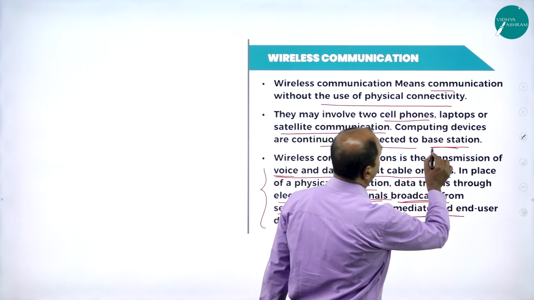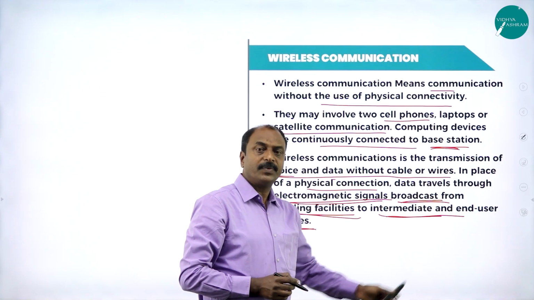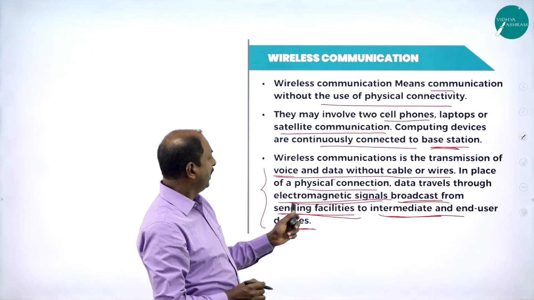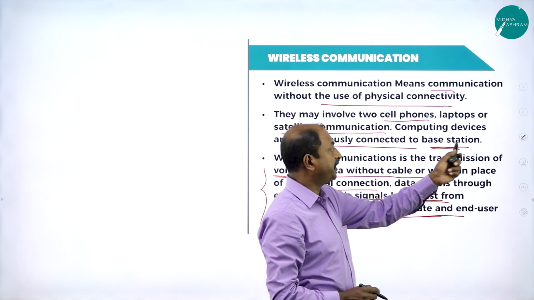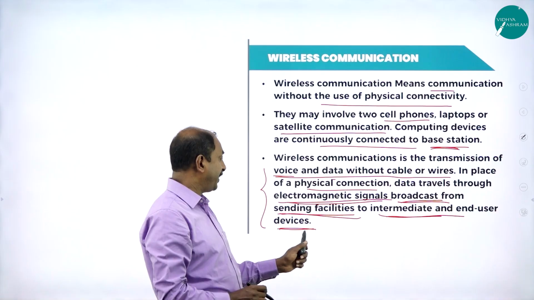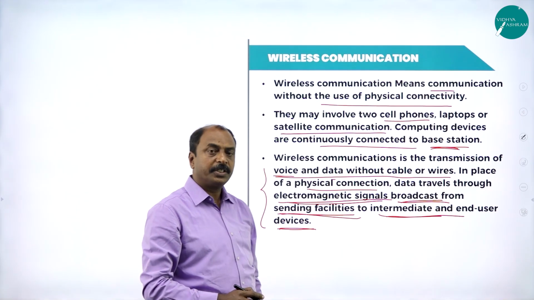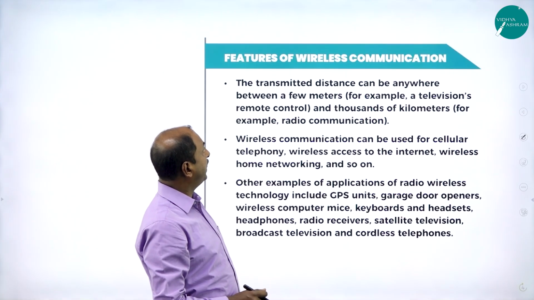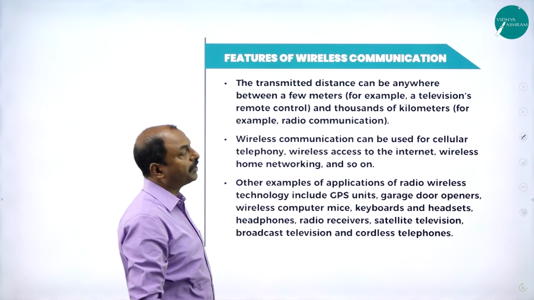This is what we call the base station. If I say intermediate station, it is a base station. It means that any message sent from one device goes to the base station, and from the base station it goes to the end user devices or the destination. So this is how wireless communication functions. In the next slide, we will see the different features of wireless communication.